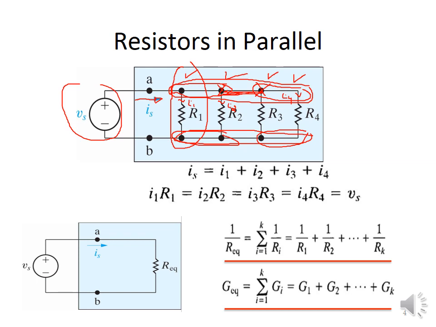بما انه V1 equal ل V2 equal ل V3 equal ل V4 equal ل Vs، that's why I1 R1 equals to I2 R2 equals to I3 R3 which is the voltage across R3 equals to I4 R4 which is the voltage across R4 equal to Vs لأنهم هو كلياتهم are in parallel.